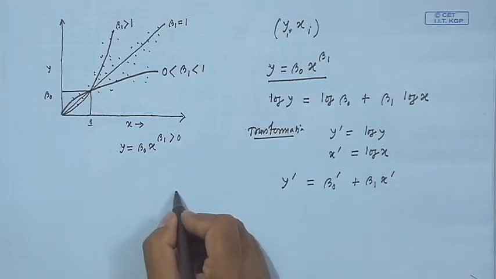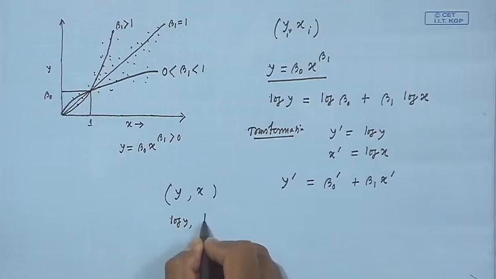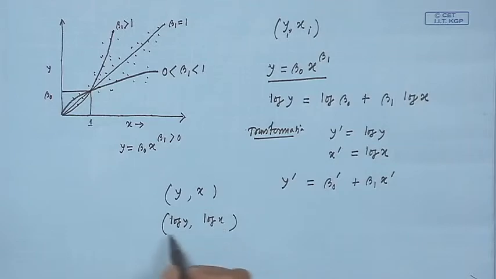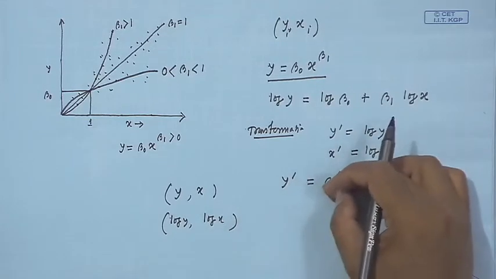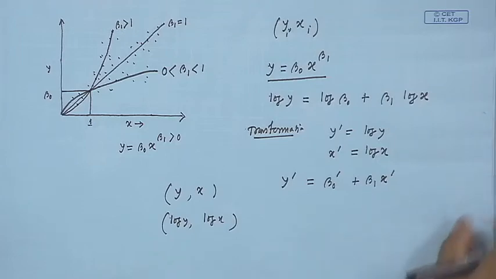So, given the data y x, you transform the data to log y, log x, and if you plot the scatter plot for this transformed data, perhaps you will get the scatter plot centered about a straight line, and you can go for a linear fit.